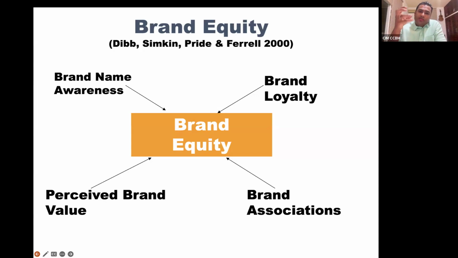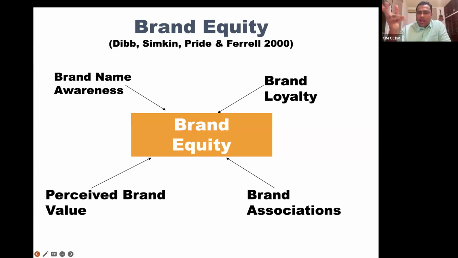Right? So the equity of the brand is the value of the brand. It's useful if you're selling the brand to someone. Then they know you can pay for all the equipment and tangible things, but what are you paying for the brand? And that's the equity of the brand. So the equity of the brand, according to these authors, can be increased by increasing the awareness of the brand.